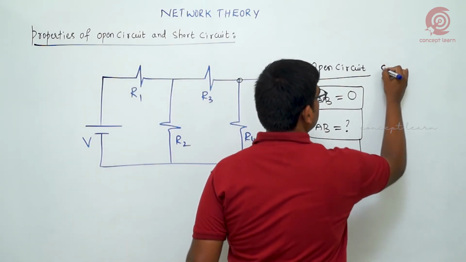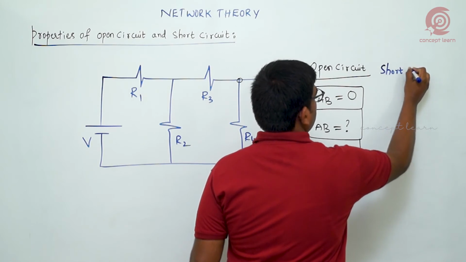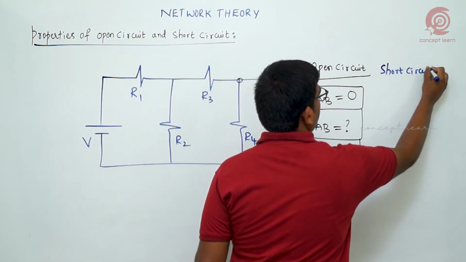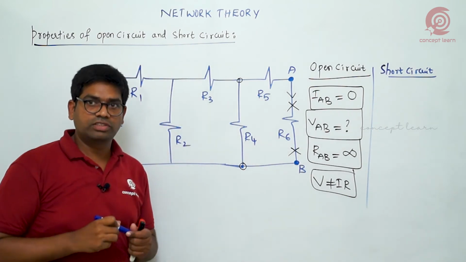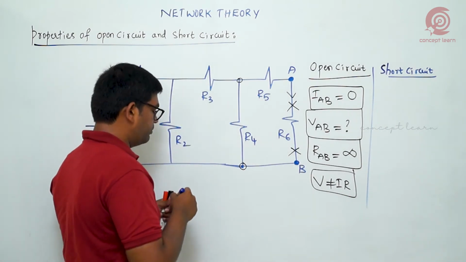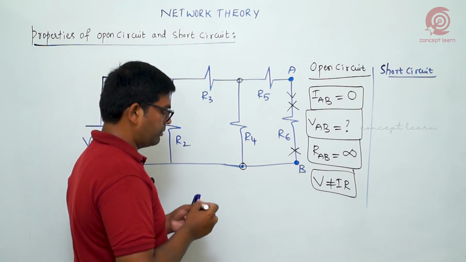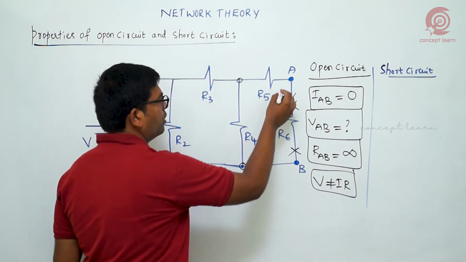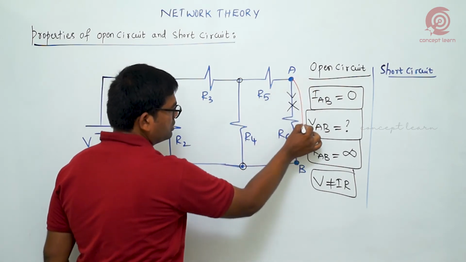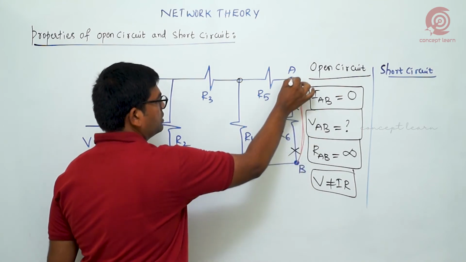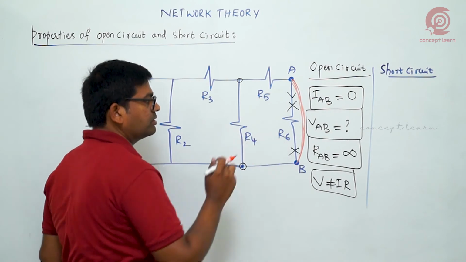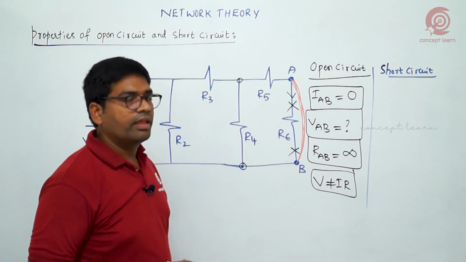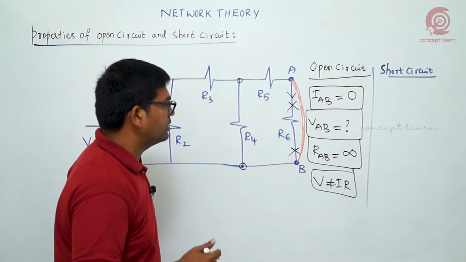Next we are going with short circuit. Suppose I am making a short circuit for this branch, meaning I am shorting the A and B terminals. I am using red color to draw your attention. If I short these A and B terminals, what will happen? Earlier some resistance R6 is there. If I short, what will be the resistance?